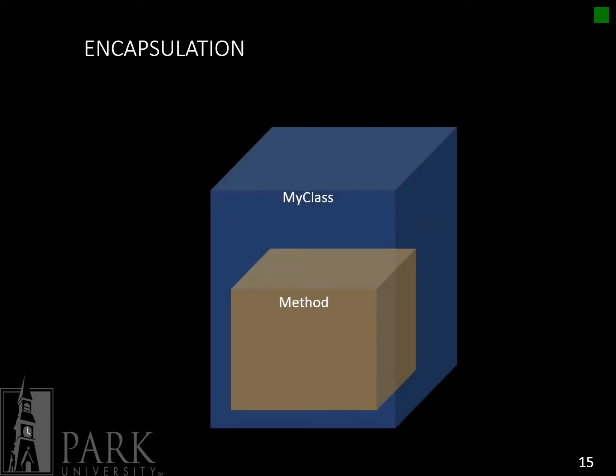So which one is stronger or more hidden? Well, an instance variable may be shared by all members of the class, whereas a local variable is local to one method. So a local variable is more encapsulated. So in the interest of encapsulation, you should use local variables as opposed to instance variables whenever possible.